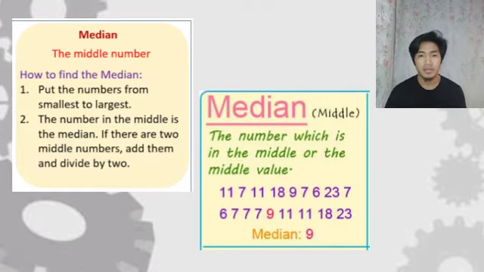Then yung kalawang condition naman is if even number yung number of observations natin, 2, 4, 6, 8, yun yung even numbers, which is yung dalawang gitna i-add lang natin yon, then i-divide natin sa 2. Then yun yung median natin.